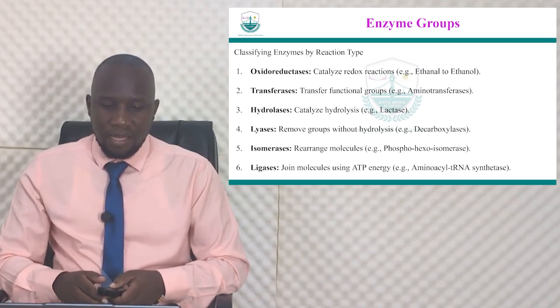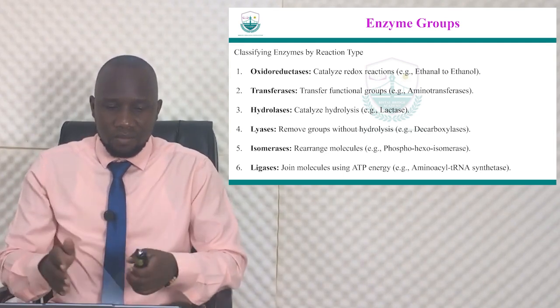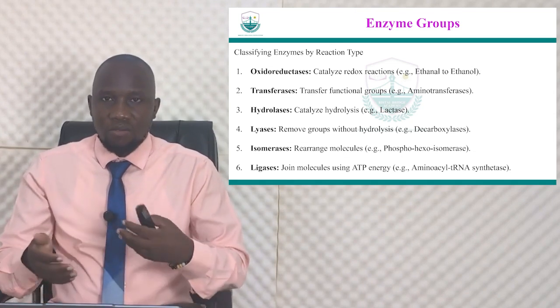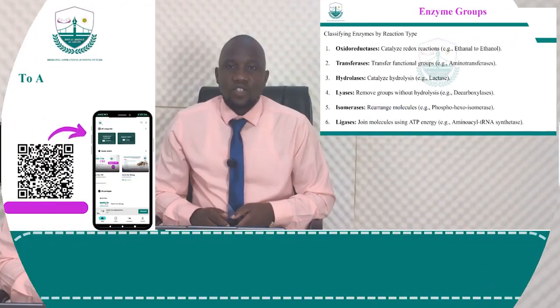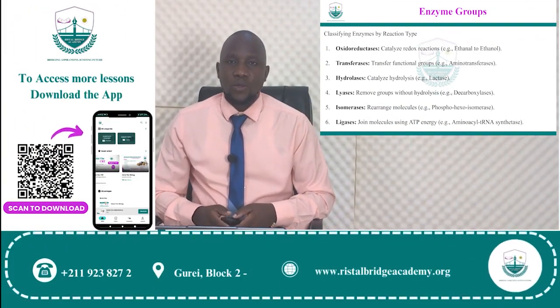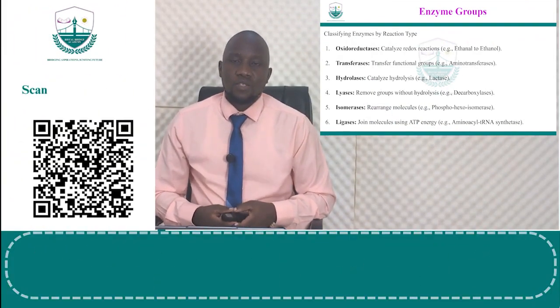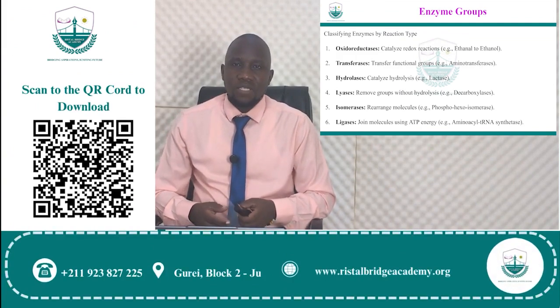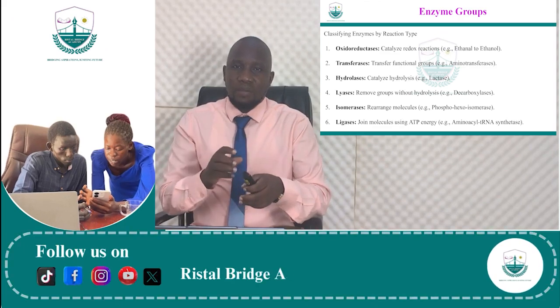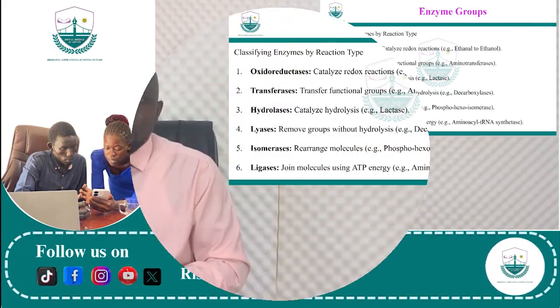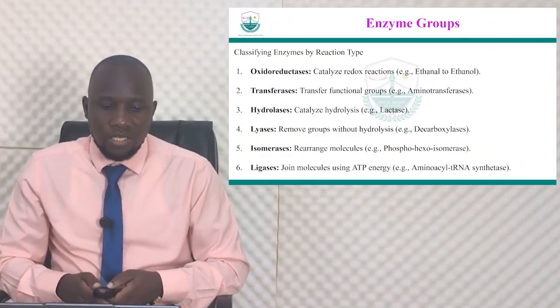Okay, so they break down molecules such that you have other molecules being released. And then isomerases, they cause what you call isomerism. So with isomerism, it's basically a rearrangement of the atoms on the same molecule, basically moving them to other parts. Okay, so that is what happens.